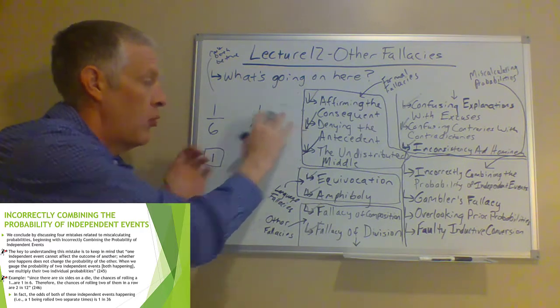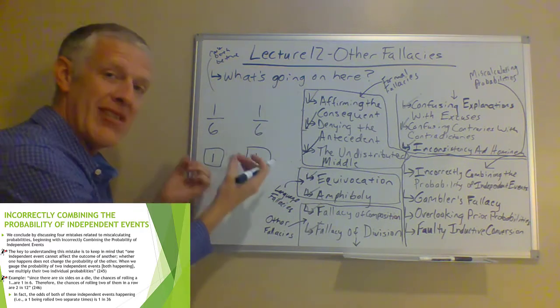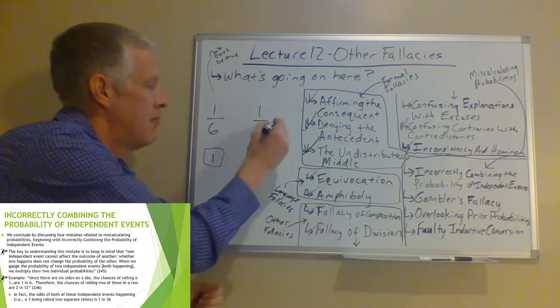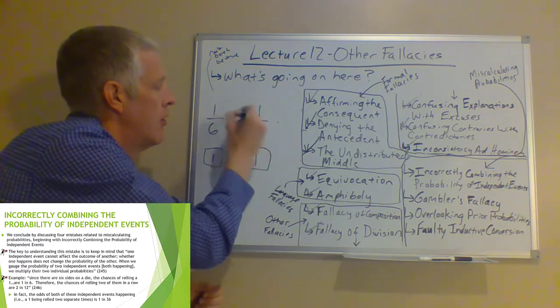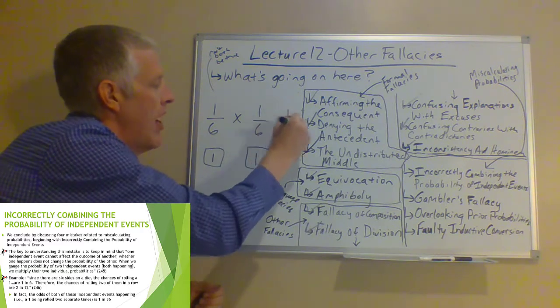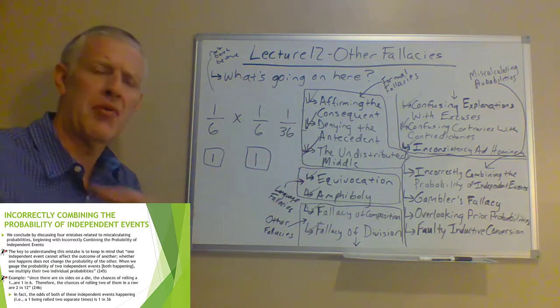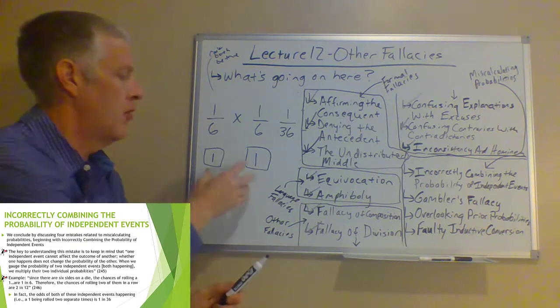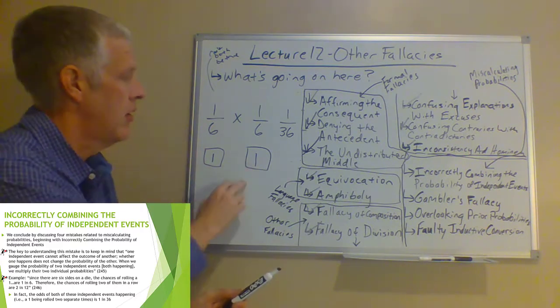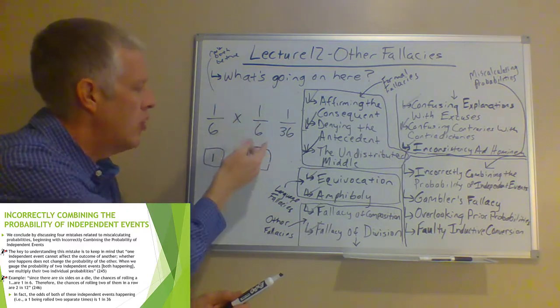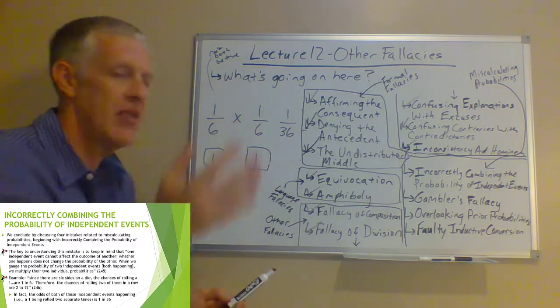The only correct way to figure out the probability of both these distinct events happening is to multiply, as they say. Okay? So you could roll 2 different dice at the same time. So what are the odds of you rolling snake eyes? It's not 2/12 or 1/12 or 2/6 or any of that.